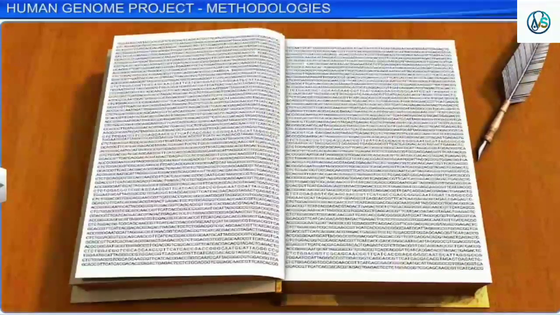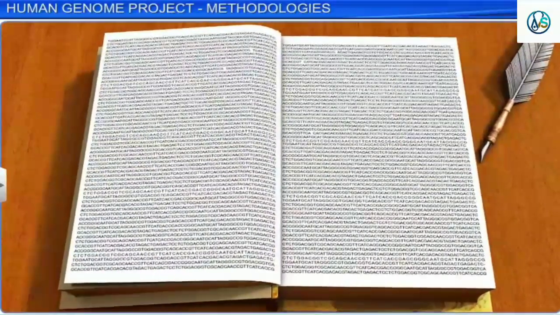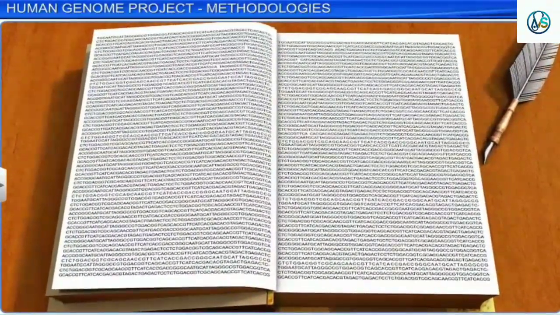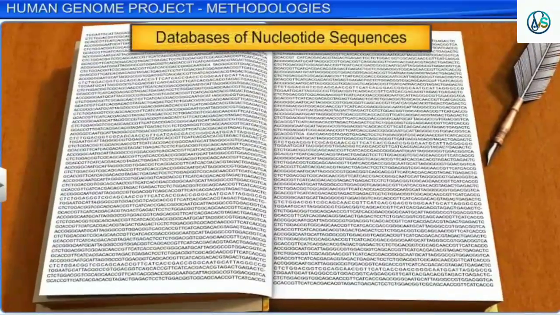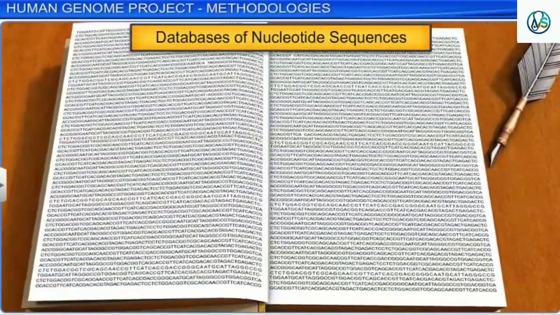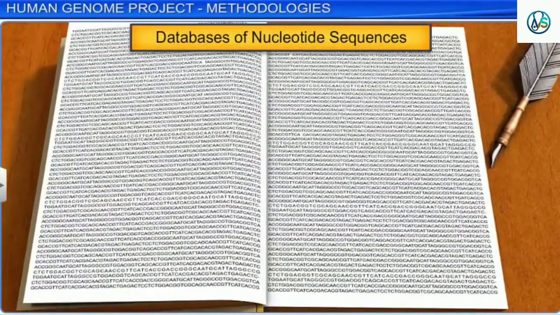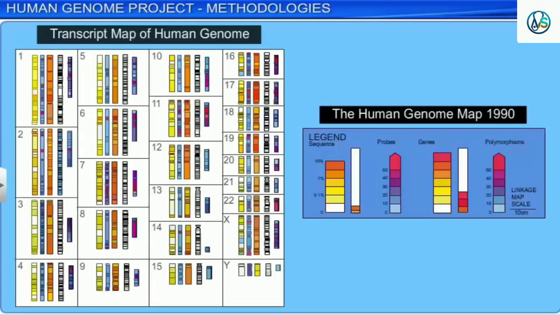Actually, EST is the term for all genes that express as RNA. With EST, numerous databases of nucleotide sequences have been made available. It has facilitated the construction of the preliminary transcript map of the human genome.